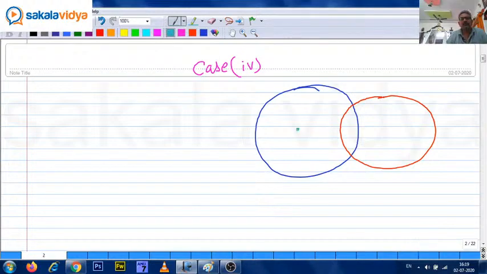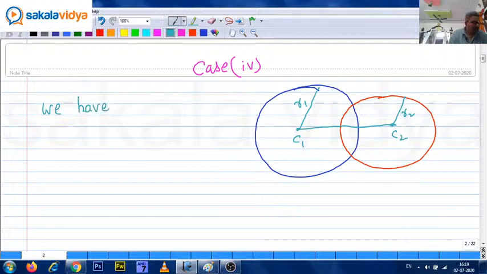Now C1 is the center of the first circle, and C2. Suppose R1 is its radius and R2 is the radius of the other. And next, the relation we have here is C1 C2 will be greater than R1 plus R2.